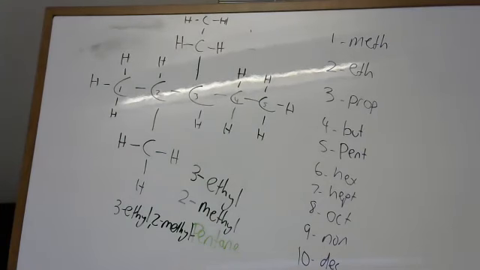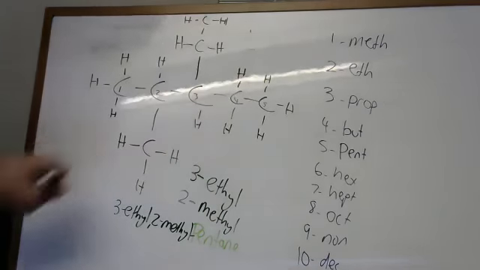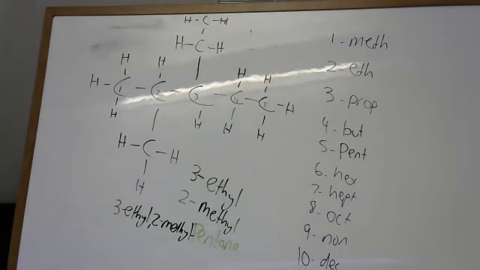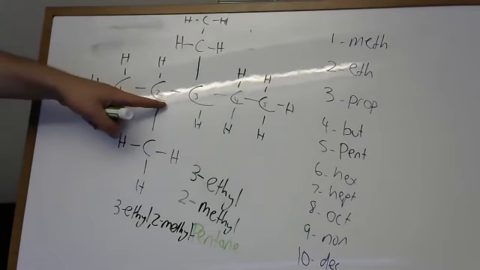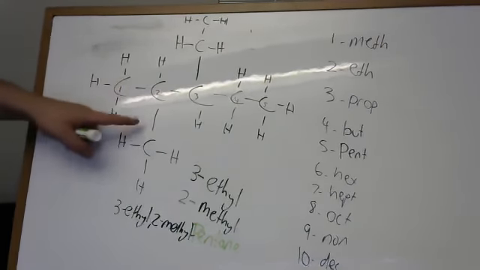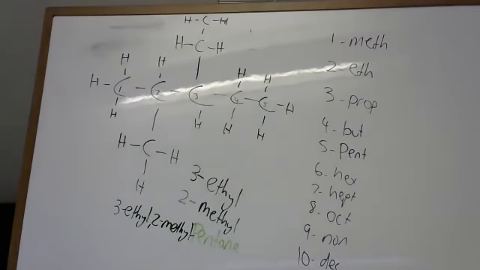This tells us the longest continuous chain of carbons is 5, with a methyl group off the second carbon and an ethyl group off the third carbon. Okay, that's about 6 weeks' worth of chemistry there.